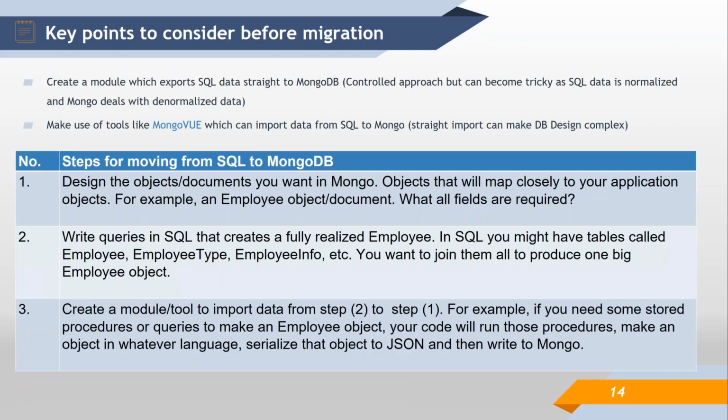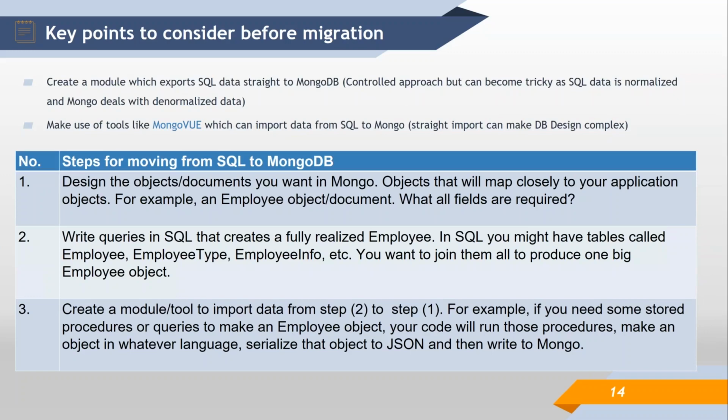Okay, what are the key points we need to consider before starting migration, or deciding whether to go ahead with migration or not? First of all, we can create a module or tool which exports SQL data straight into MongoDB. But it is not as simple as it sounds.